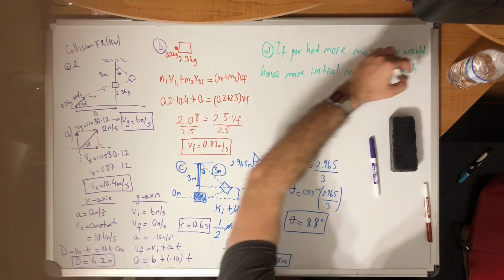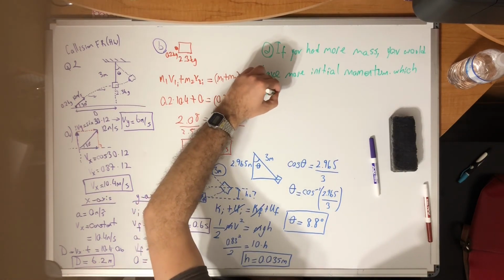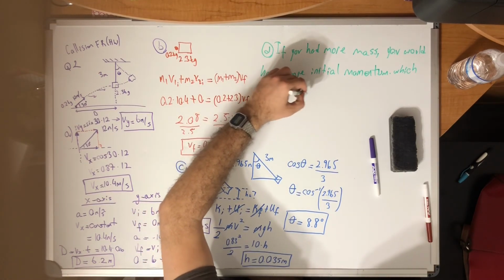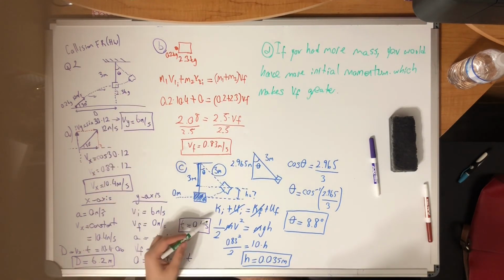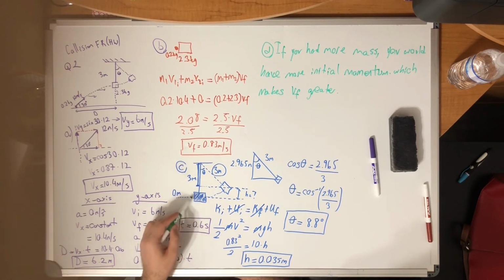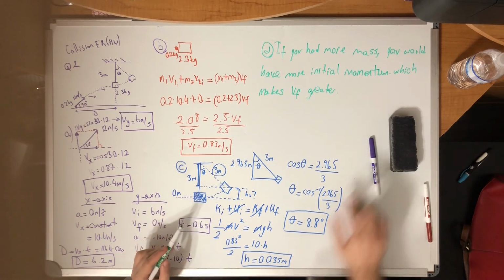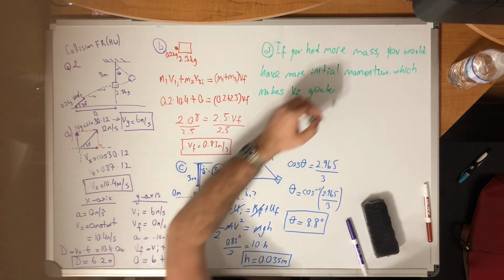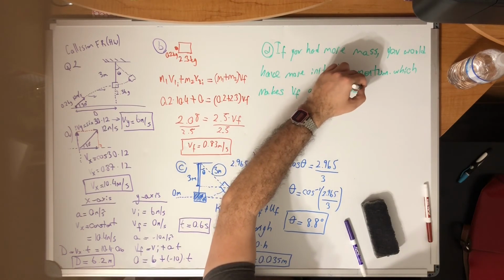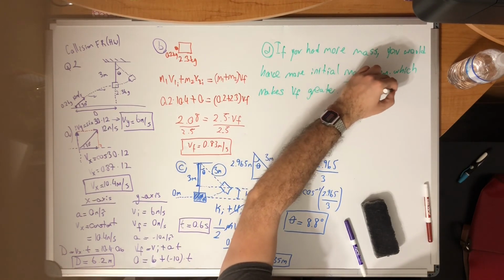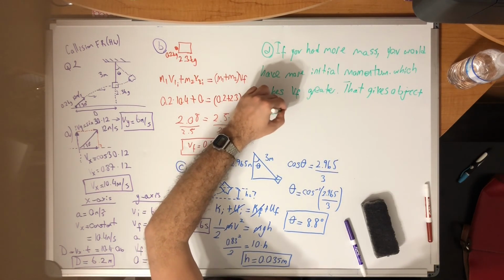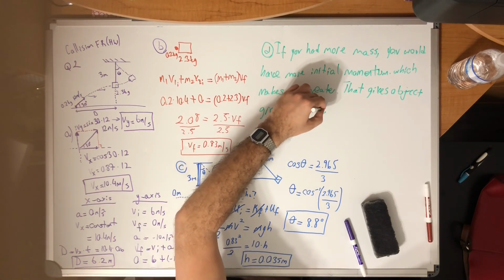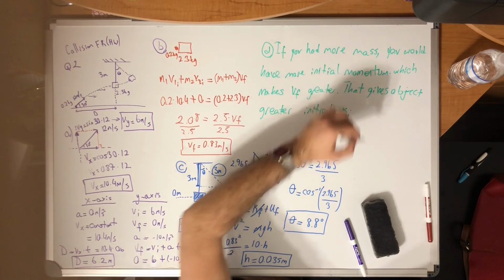which makes V final greater. And if you hit with a greater velocity, or if you have greater final velocity over here, that means this is going to have more initial kinetic energy, which gives the object greater initial kinetic energy.